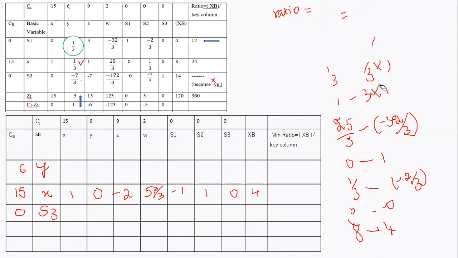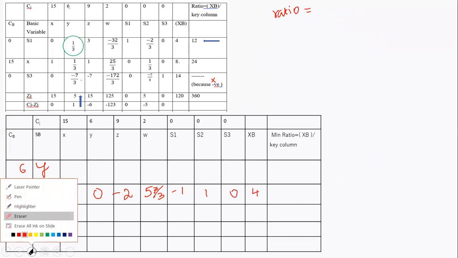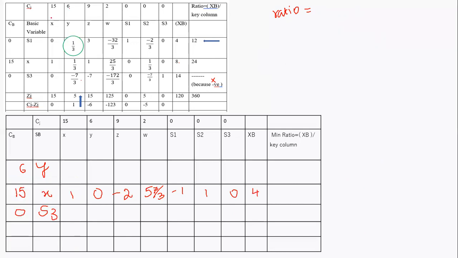So next again, we need to make that minus 7 by 3 also as equal to 0. Again, same process. So we need to identify the number which we want to make it as 0. The number to be made 0 is minus 7 by 3, because the algorithm says, identify the key column and then identify the key number, and then other than the key number, all elements should be made as 0 in the corresponding key column.